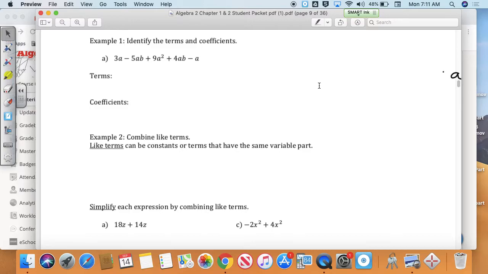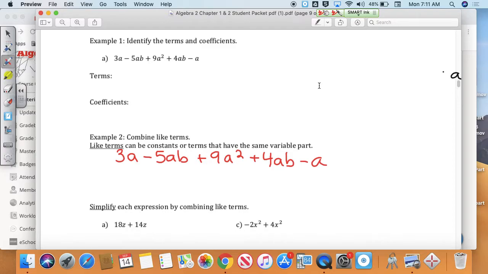Now, before we actually identify everything, we might want to see if we can combine like terms. So I'm actually going to start with example 2, combining like terms. We have here 3a minus 5ab plus 9a squared plus 4ab minus a.